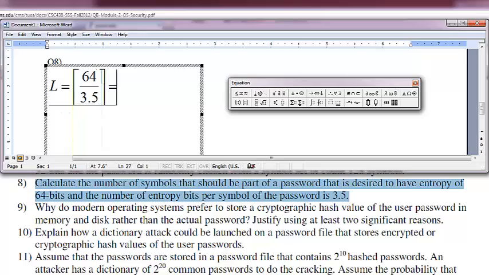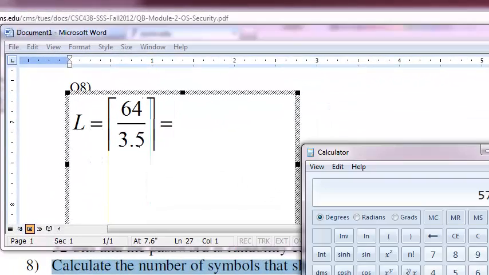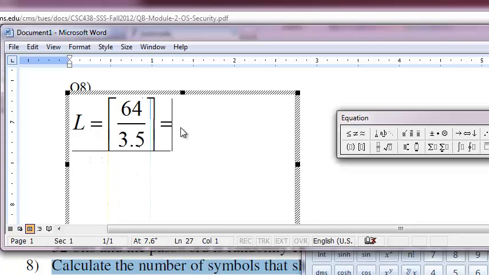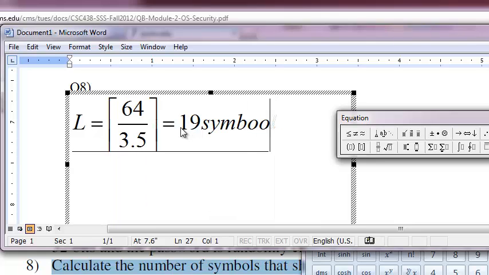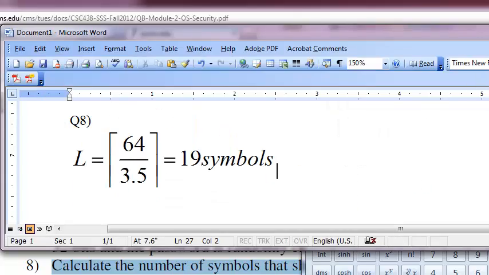So you do 64 divided by 3.5, 18 point something, so that comes out to be 19 symbols. So this is the length of your password.